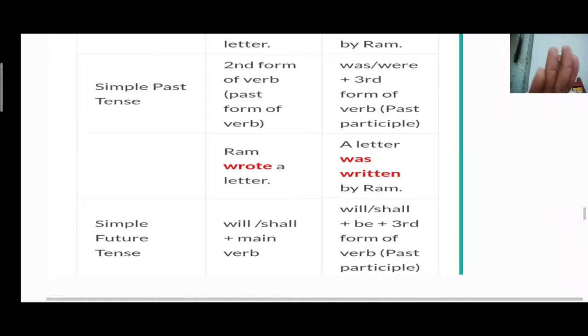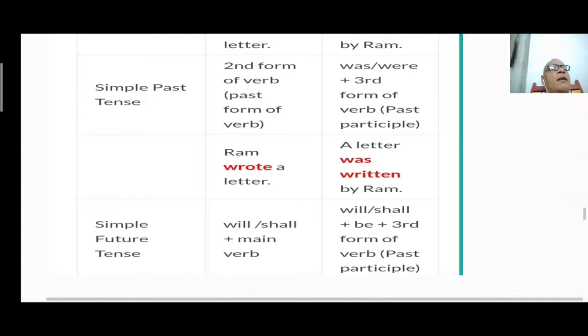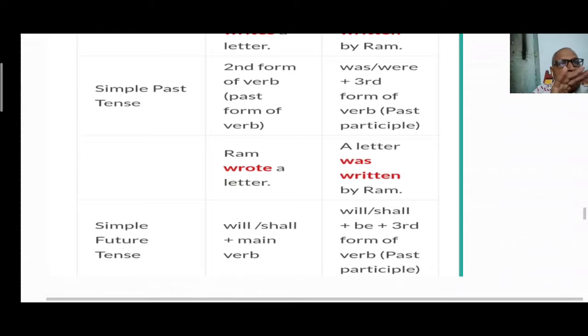Okay, and here Rama will write a letter is the active form. And Rama will write letters is also one, but with a plural object. When we are changing the sentence from active voice to passive voice, start with letter or letters.